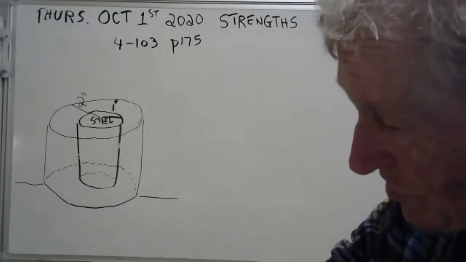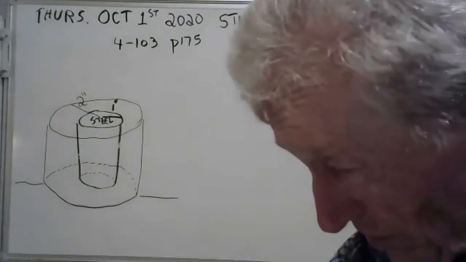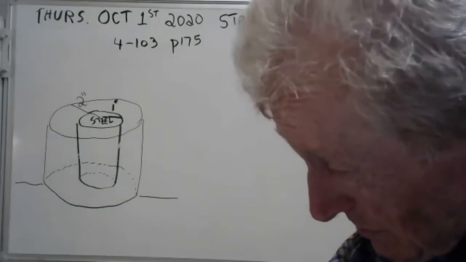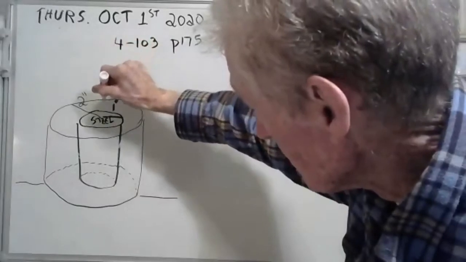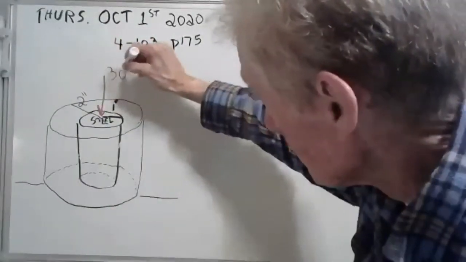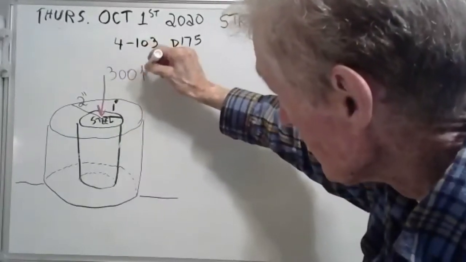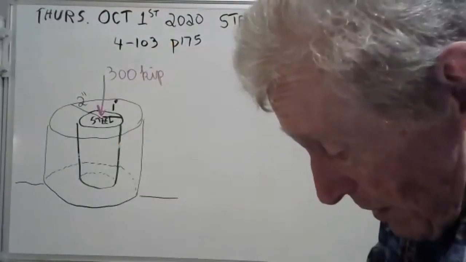You know what that is? That's 300,000 pounds. Gosh, that sounds like a lot to me. They're going to put 300 kips, 300,000 pounds.